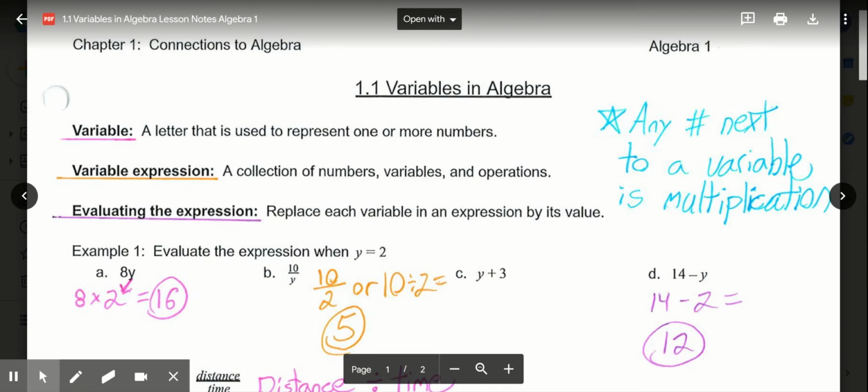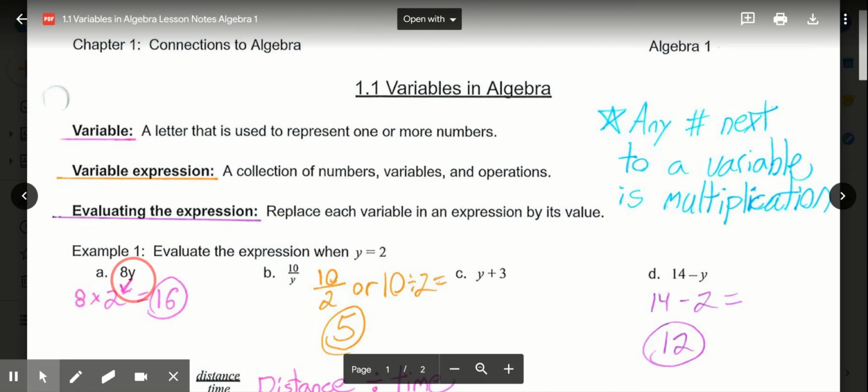In Example 1, we start with the expression 8y. Now, something you need to know and want to write down and remember is anytime there's a number right next to a variable, that is the operation of multiplication.